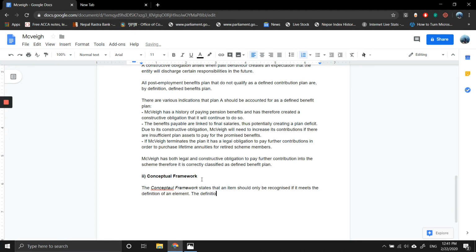The definition of liability is that it is a present obligation as a result of past event to transfer economic resource.